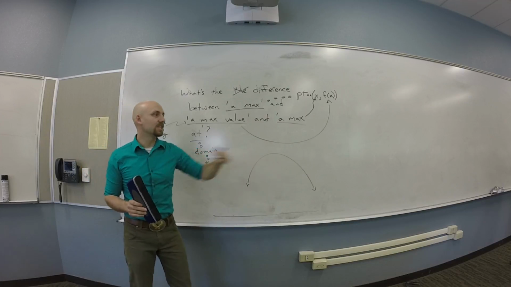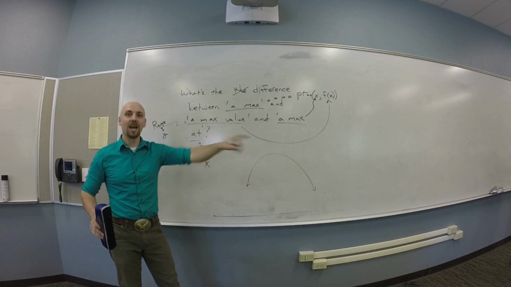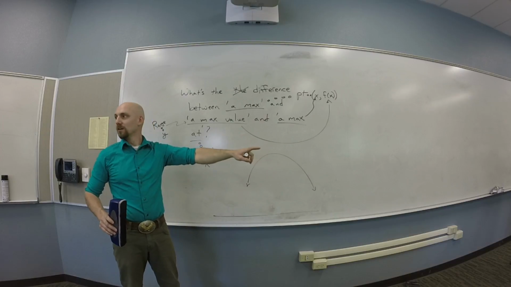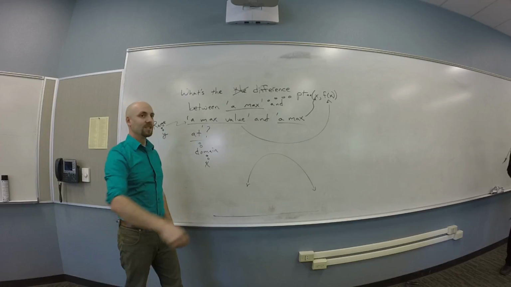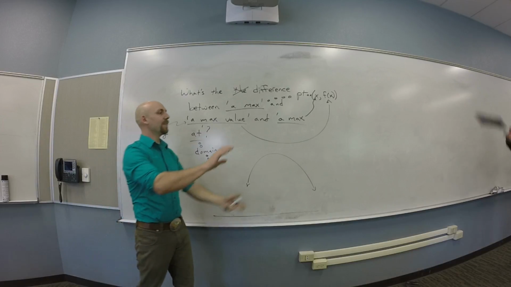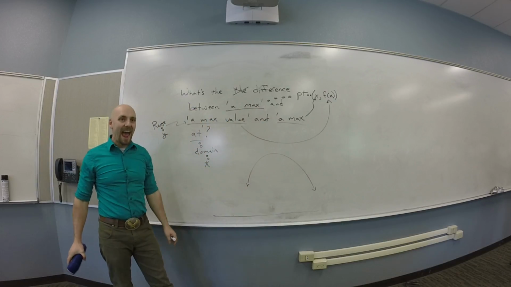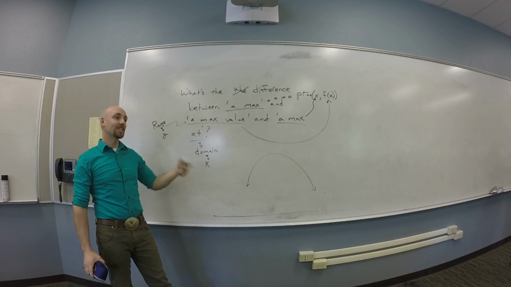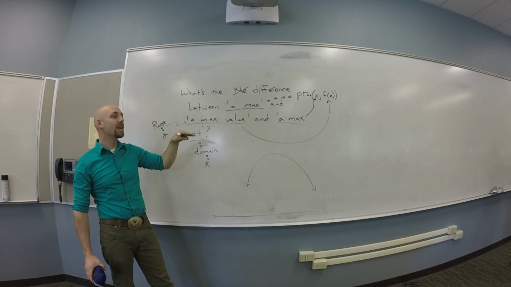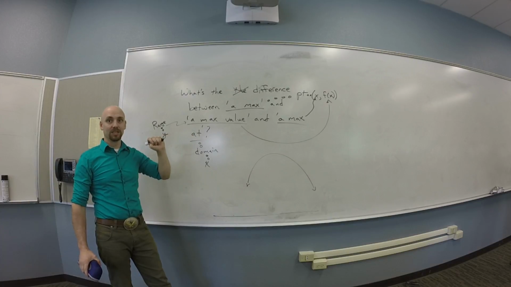Or if I was thinking about this in terms of time, instead of distance between us as the time it takes to fly between us, like 1 second or 2 seconds, then the maximum at is a question about what time is it highest, and the max value is a question about how high did it get. You guys see that?